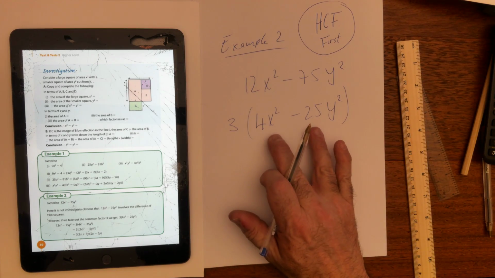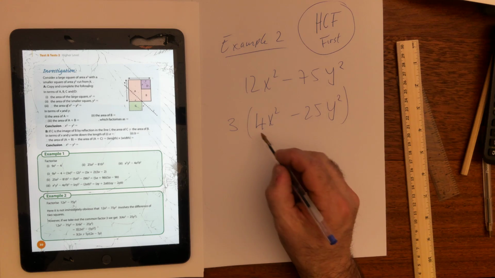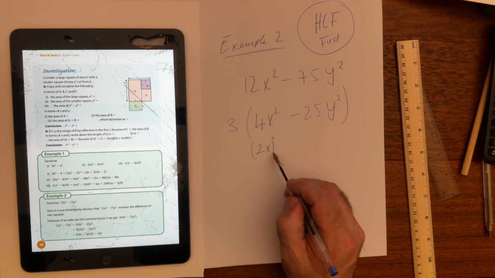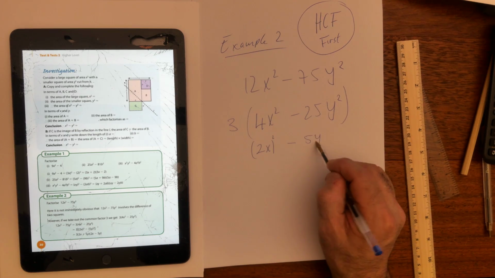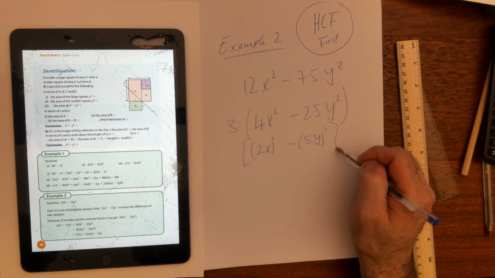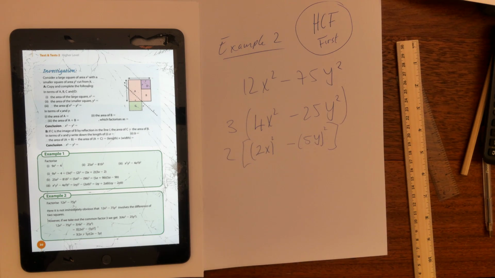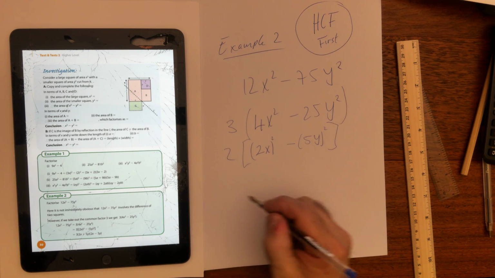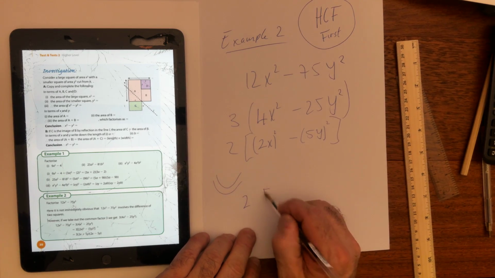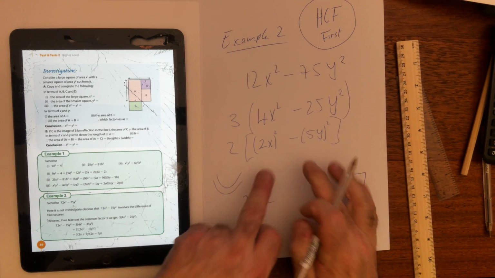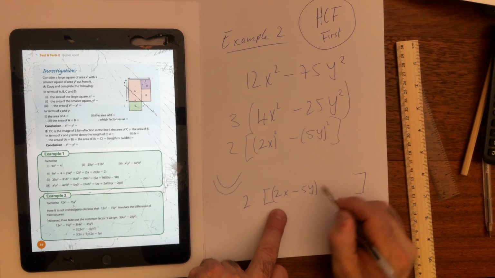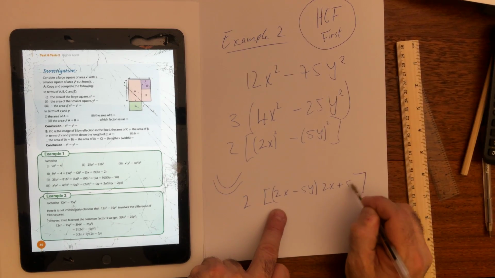So we're going to factorize this now. But first we need to turn this into (2x) all to be squared minus (5y) all to be squared. And I'm going to have to introduce what are called nested brackets. We know what a bird's nest looks like. Well, nested brackets look like 3 times, and we're going to apply the identity now, which will be (2x minus 5y) in a bracket and (2x plus 5y) in a bracket.